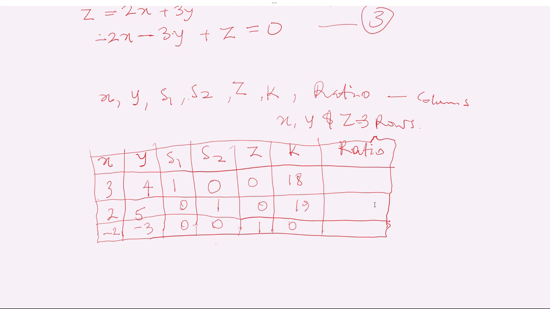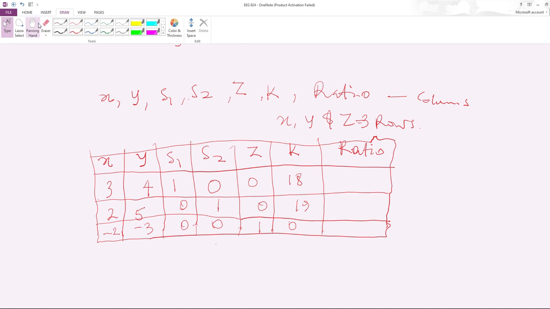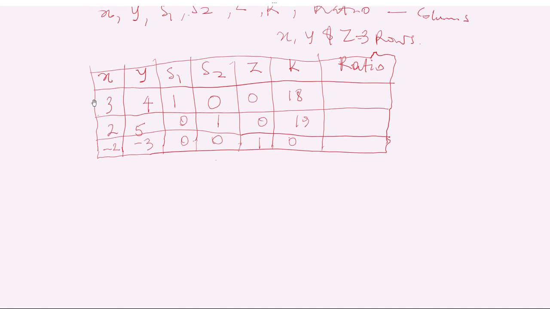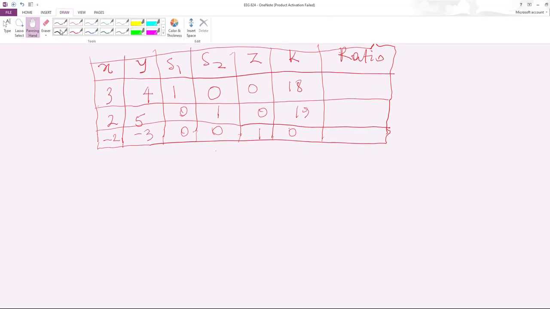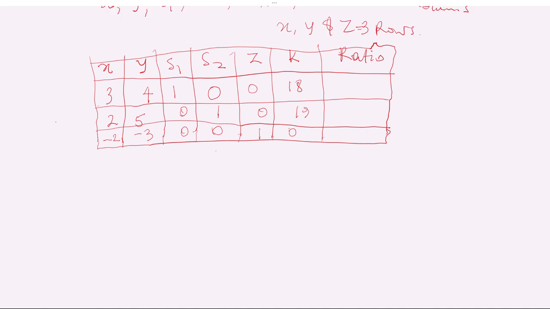According to the rules, rule number one: we need to find the pivot row and the pivot column.